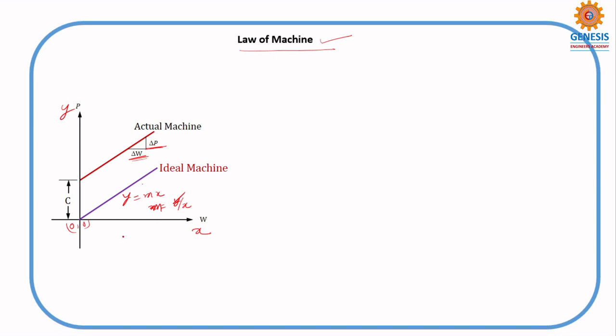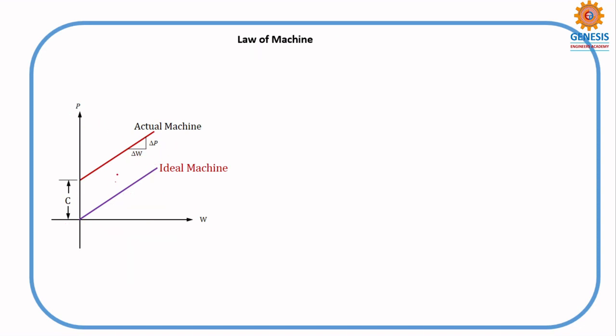The equation passing through origin is y is equal to mx, and the equation having an intercept c on the positive axis is y is equal to mx plus c. Even if it cuts like this one, it is y is equal to mx minus c, but this is not applied for this law of machine.